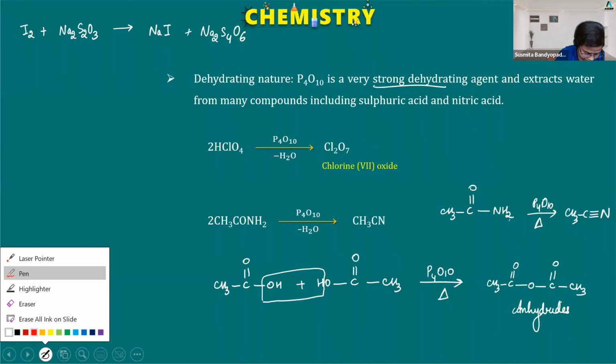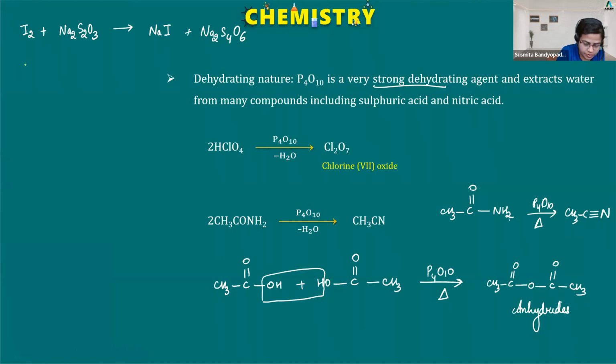I2. So help me out. 2 for I2. Very good. See, I2 gives I minus, iodide ion. So the iodine atom should be balanced on both the sides. For that, I'll place a 2 here. First, the atom which is undergoing a change in oxidation should be same on both the sides.